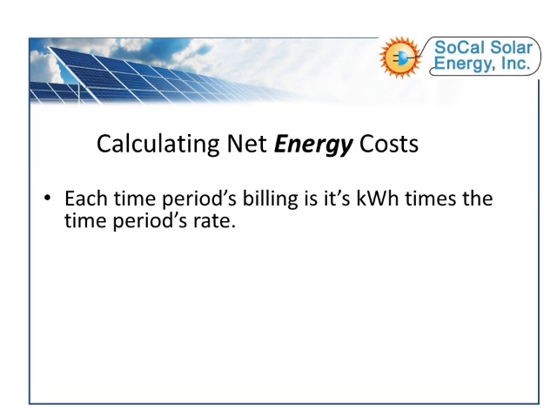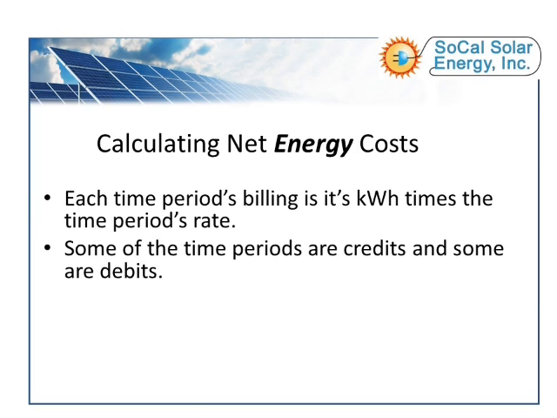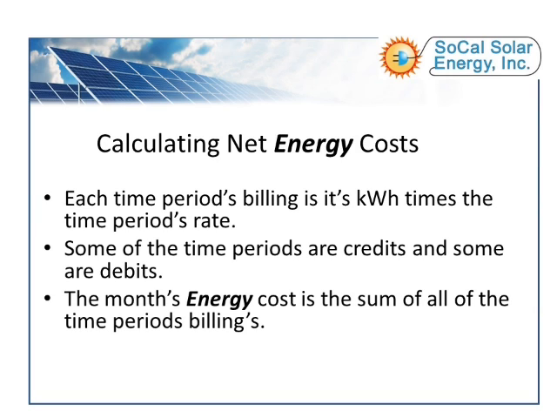Each time period is a kilowatt hours times the rate for that time period. Because you have a solar system and because of net metering, some are negative and some are positive. The month's total energy billing is a sum of all the time period billings. Although the utility bills have other charges, such as demand and service charges, solar only applies to the energy portion. This is net metering.